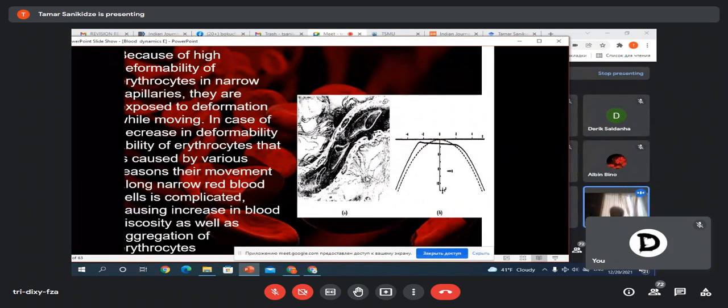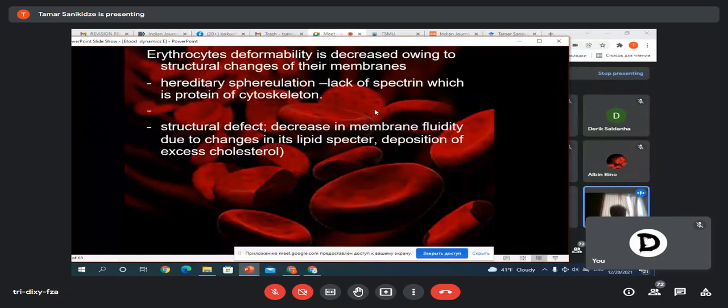The erythrocyte's deformability is related to the properties of the erythrocyte's membrane, its high fluidity, and also a property of the erythrocytes themselves, because they have no mitochondria or internal organelles. Their internal environment is very fluid. That's why erythrocytes can very easily change form, as you can see here, and move in the narrow capillaries.